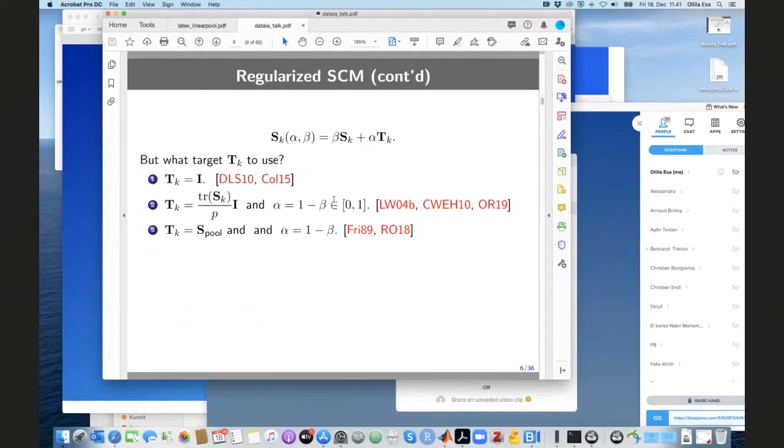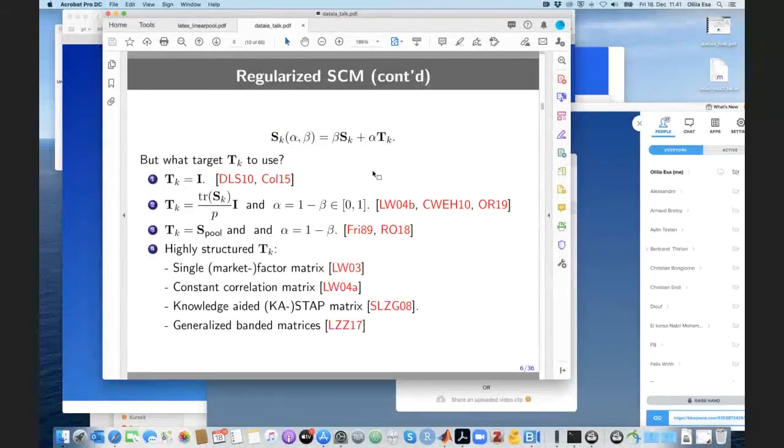This says that you can use the knowledge of the correlations in the other populations and then smartly shrink this estimator towards the pooled sample covariance matrix.